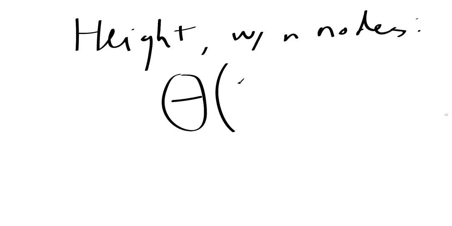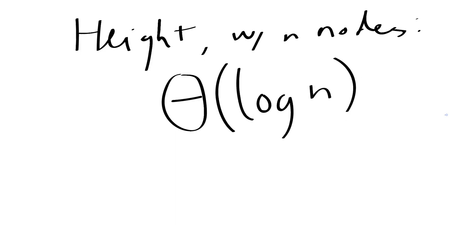We say that it's in theta of log n, right? It's in theta of log n because remember what an AVL tree is. It's special because it is balanced as much as possible.